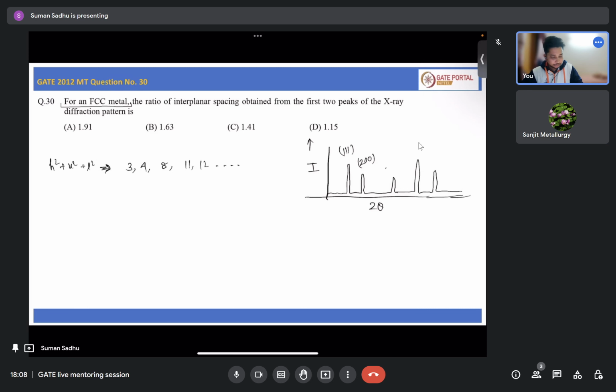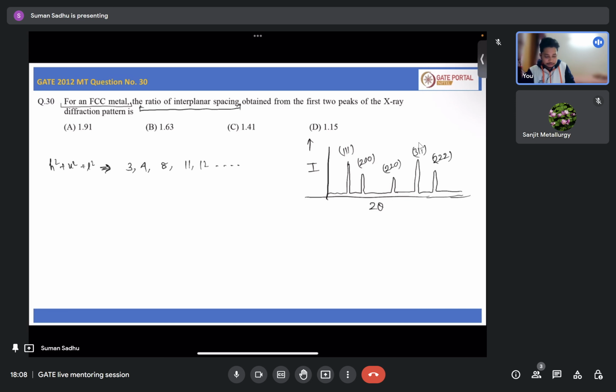That means 220. Right. And the fourth one will be 311. And the fifth one will be 222. So like this, the peaks are distributed for an FCC metal. Okay, so we need to find out the ratio of the interplanar spacing.